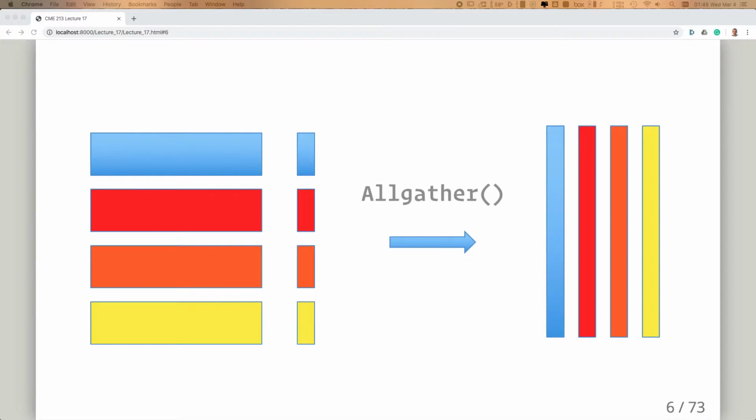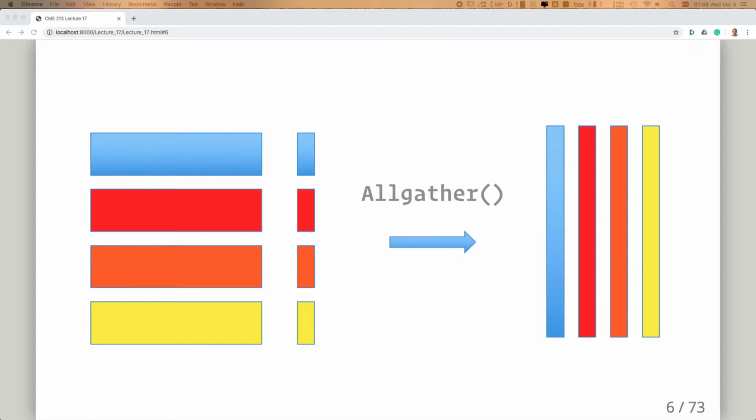So the first step is to give all processes the entire vector b. Each process starts with just a piece of b, and then you apply an MPI function so that each process has the entire vector b. This is an example of a collective communication that we covered last week. If you go over the different options you have, you'll see that this is an MPI all gather operation.